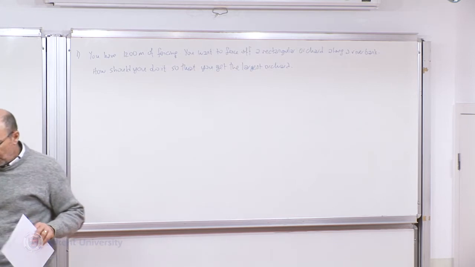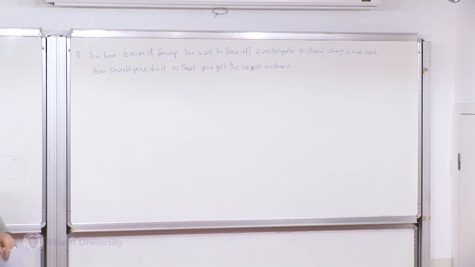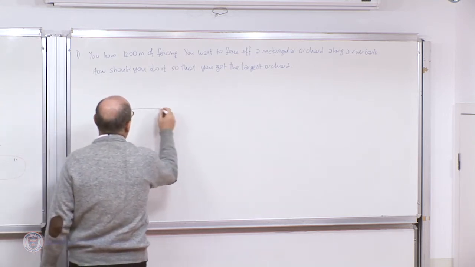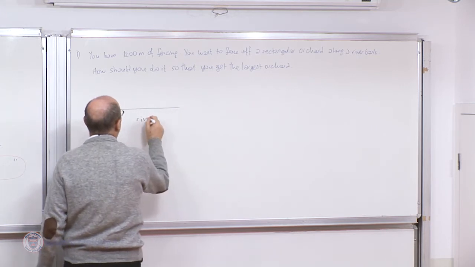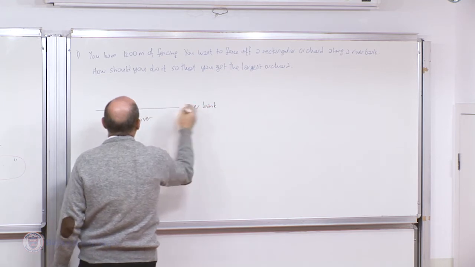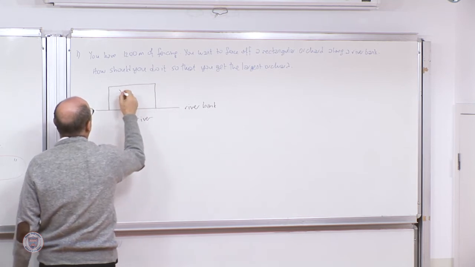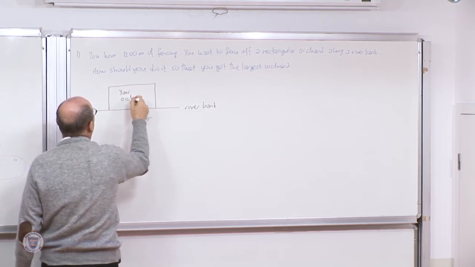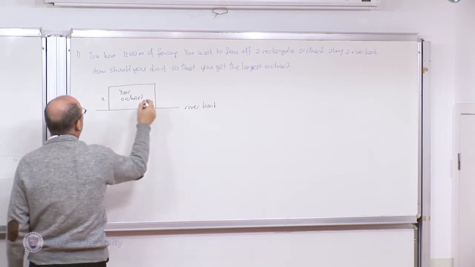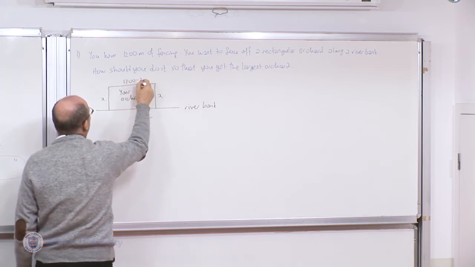Now we translate it to calculus. In our problem, we have this part is the river. So this is the river bank here. And you want to construct, this is your orchard. Okay, and you give dimensions to this. The width is x, and this part is 1200 minus 2x, right?